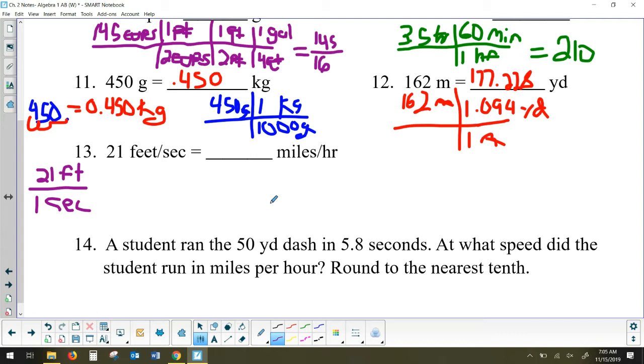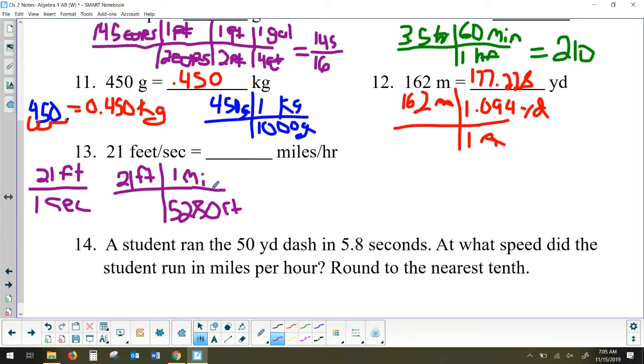So we have to change each one of these things separately. We have to take 21 feet. You have 5,280 feet. And that is 1 mile.